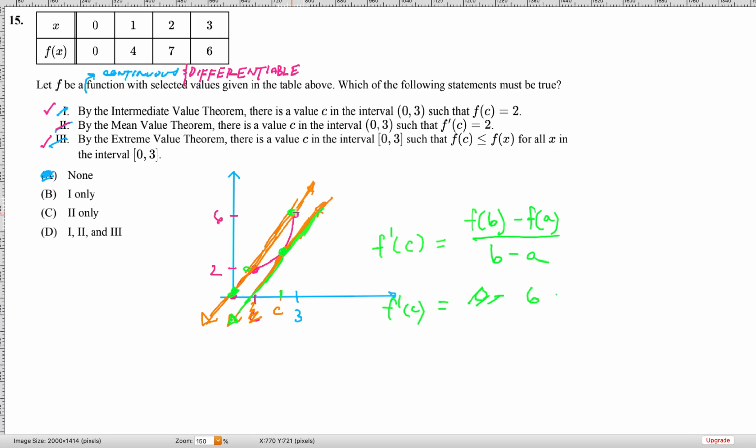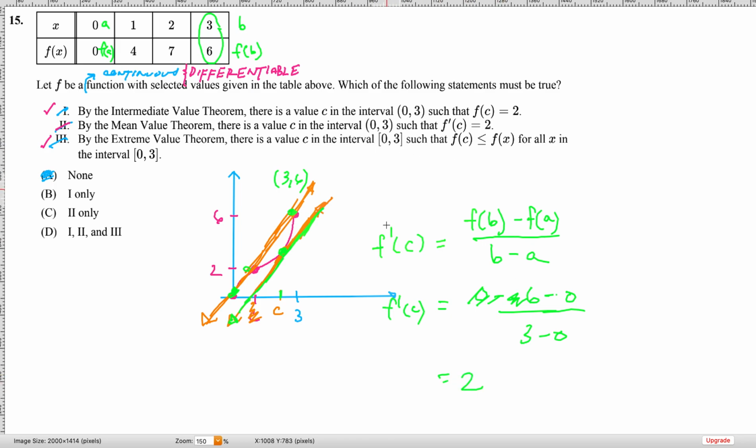That's this point right here, which is 3 comma 6. This is b, this is f of b. And then this is a, and this is f of a. So it's going to be 6 minus 0, because f of a is 0, over b minus a. b is 3, a is 0, so then this is 2.